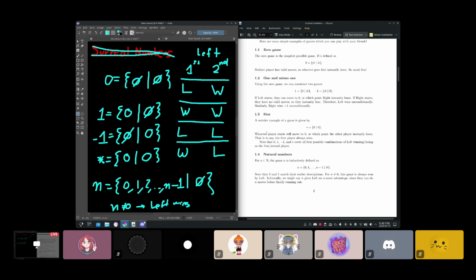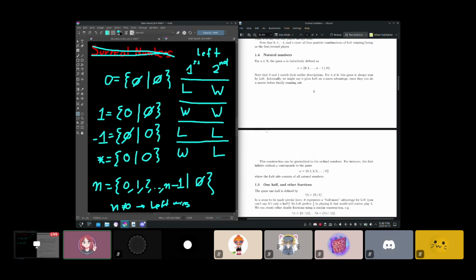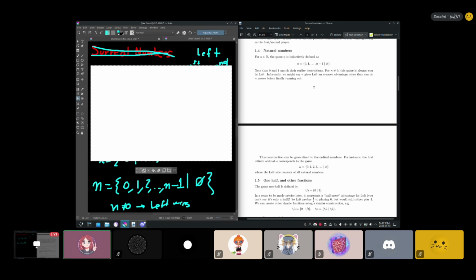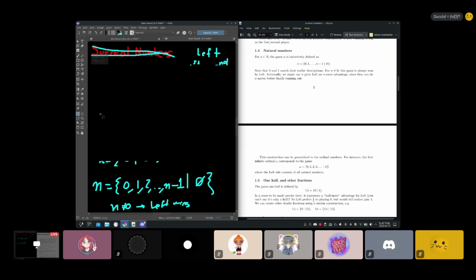And we can in fact go a bit further. This is not going to be a talk about the ordinal numbers. I'm probably going to do that some other day. But just to give a quick example, let me erase some things here. We can consider this sort of game, Omega, where left has 0, 1, 2, every single natural number.